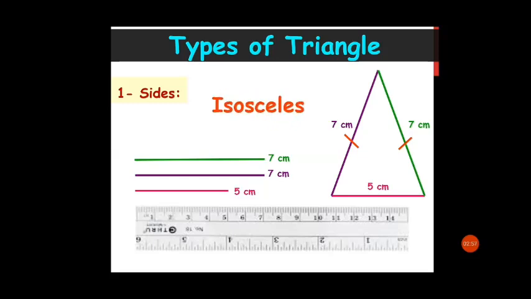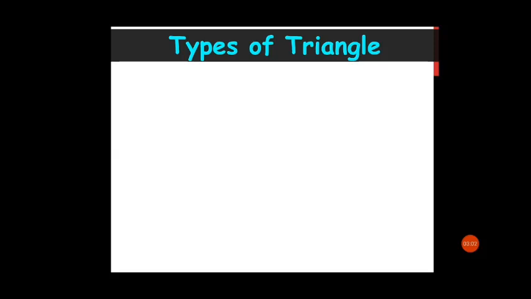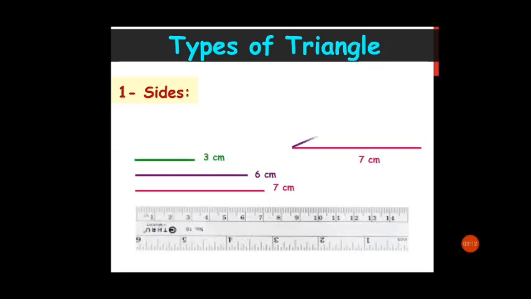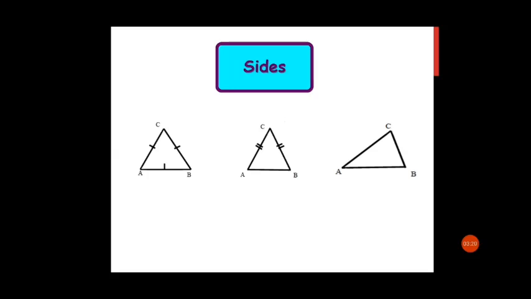In this case, we call this triangle an isosceles triangle. The third type is that in case the three sides are different, so none of the sides are equal to each other, they are all different, so we call it a scalene triangle.